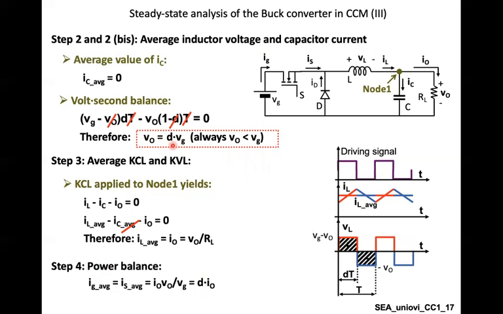On the other hand, the input current is smaller than the output current by a factor D, or we can say that I output equals IG over D. Remember again, my students, this is a power balance. When you decrease the voltage by a factor D, you increase the current by the same factor, and that creates the power balance in your circuit.